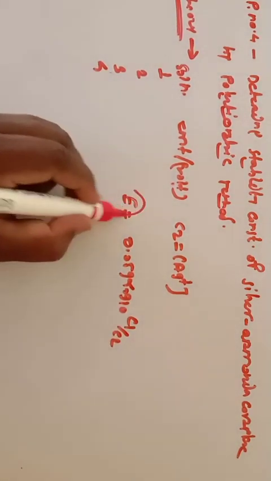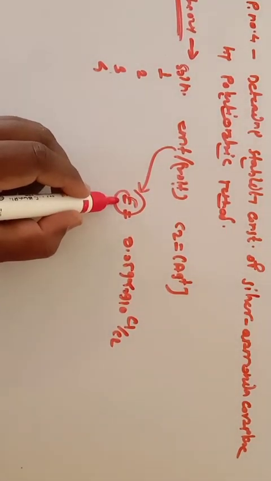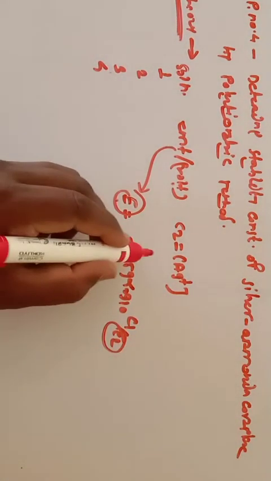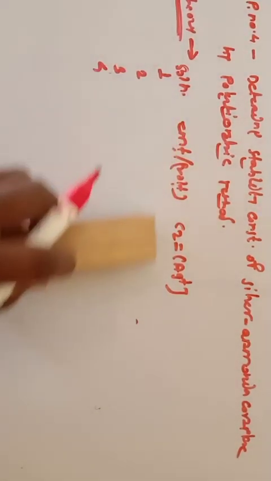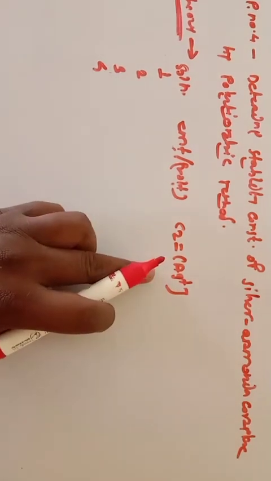This value is nothing but your EMF. So you substitute this value in the equation and rearrange it to find C2, the concentration of free silver ions.